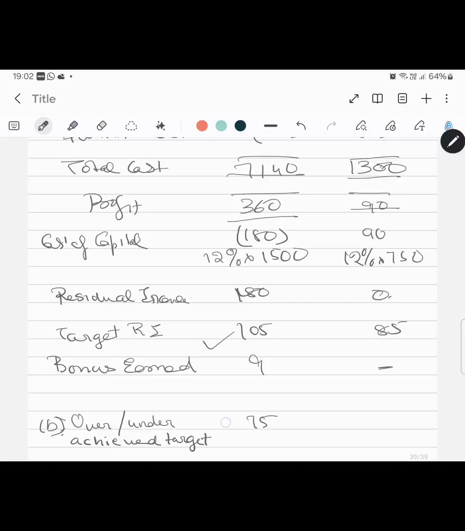This is overachieved. I'm writing plus; if it's positive, it is overachievement, and if it has not been achieved, it will have a negative sign. So overachieved by 75,000, and underachieved by how much? 85, right?